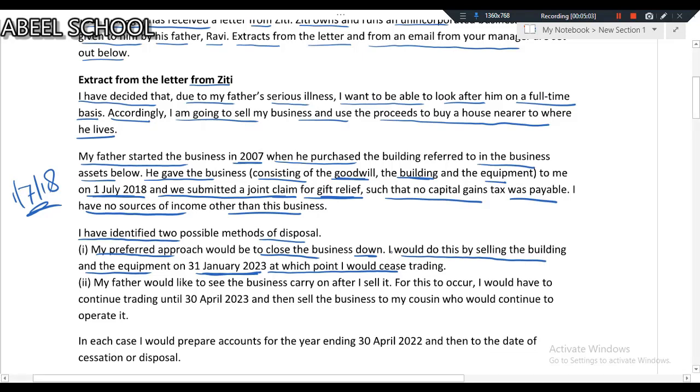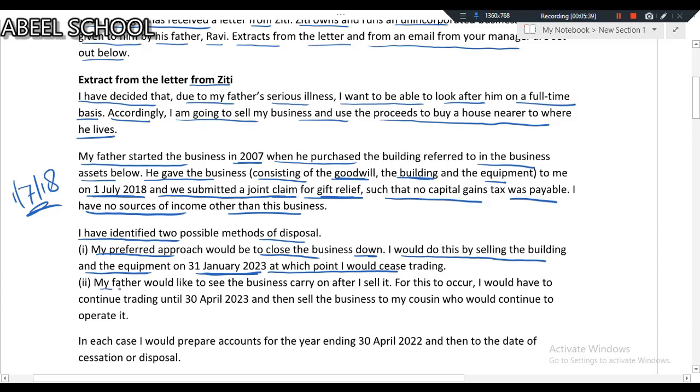The business is no more a going concern, so you will not get anything against the goodwill. We do get consideration against goodwill when and only when we are selling the business with a valid going concern assumption. That is why, dear students, in point number 1 he's not saying anything about the goodwill, because once you close the business and then sell it, you will not get anything for goodwill.